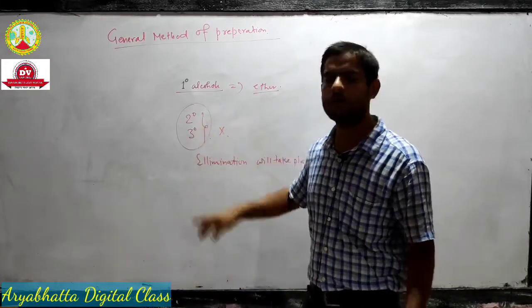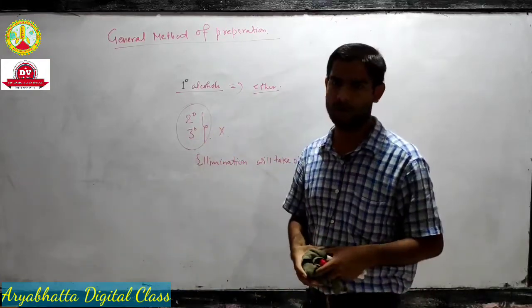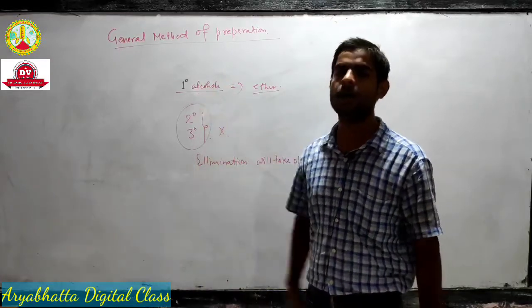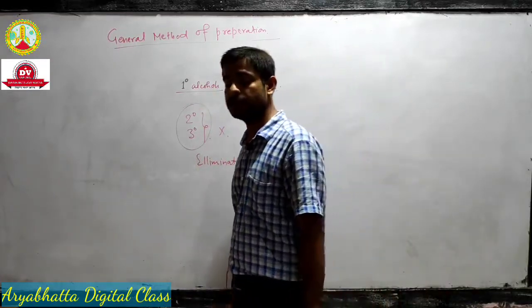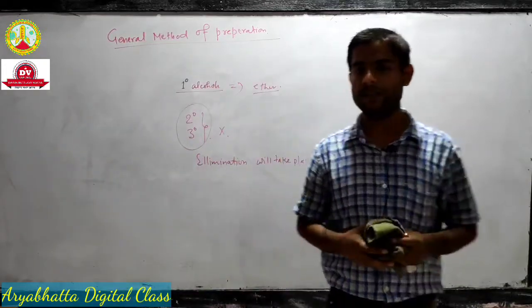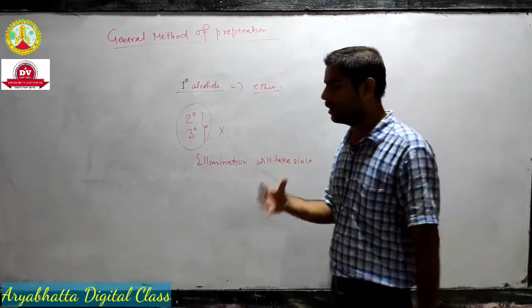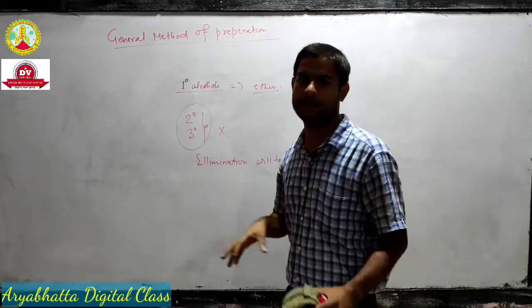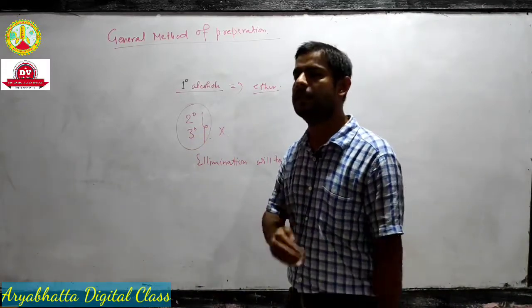In case of 2 degree alcohol, it was 85% H3PO4, but in case of 1 degree alcohol, we needed concentrated sulfuric acid and a temperature of 443 kelvin. So we saw that for 3 degree alcohols, the dehydration takes place easily.